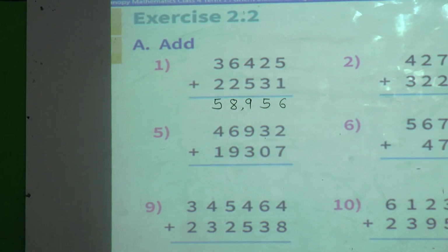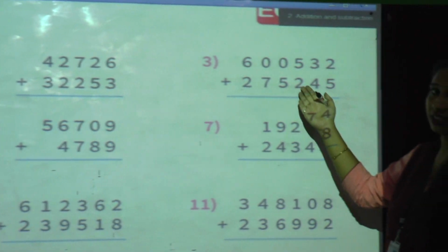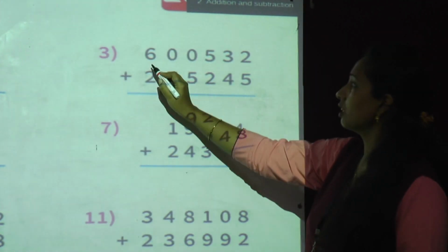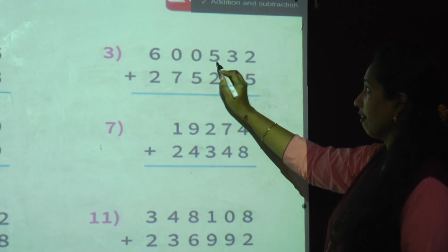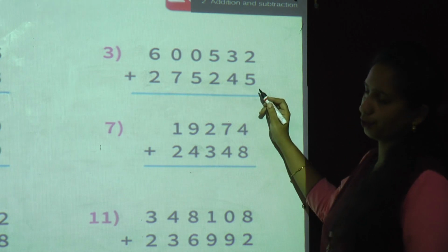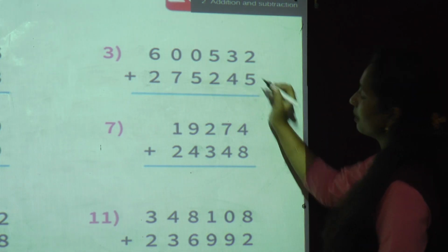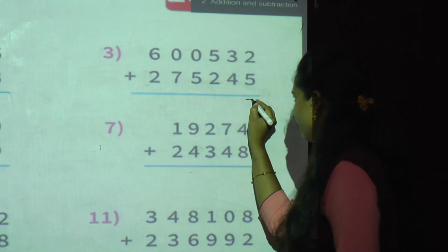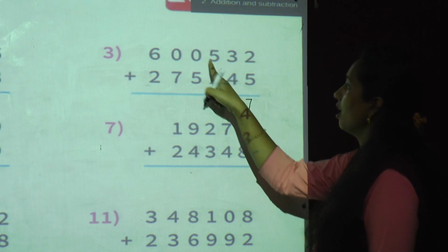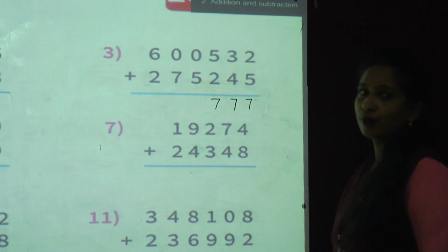Now I will solve the third one for you. In the third question they have given 6-digit numbers. Both numbers are 6-digit numbers. The question is 6,532 and 2,75,242, 45. Now we will add. 2 plus 5 is 7, correct. 3 plus 4 is 7. 5 plus 2 is 7.